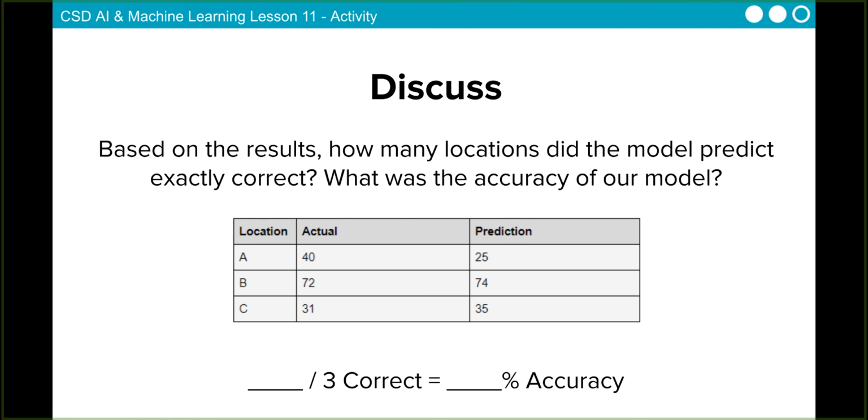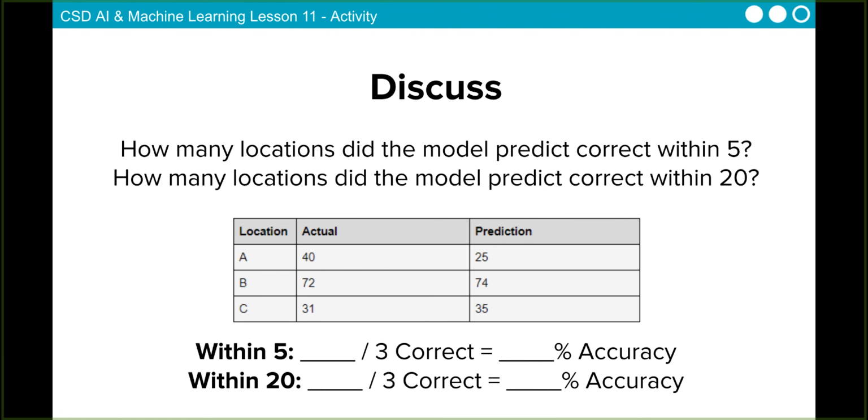What was the accuracy of our model? 0. All right. What about if the answer was within 5? A is not within 5. B is within 5 and C is within 5. So if it is within 5, 2 divided by 3 is about 60%-ish, around 60-ish%.